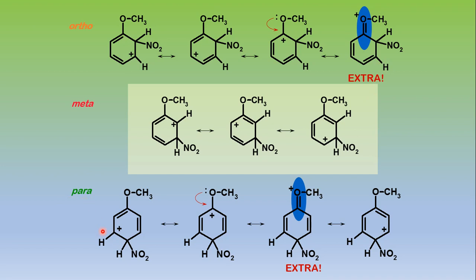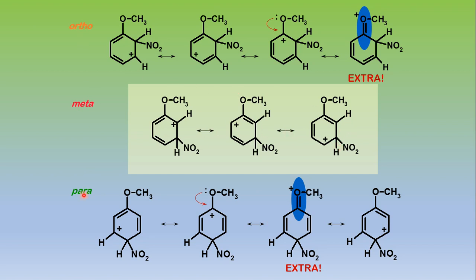And for para, we get 2 resonating structures where the positive charge goes to meta and 1 at the ipso, where this type of resonance is also present and we get an oxonium ion. These two are extra resonance structures which are not present in the case of toluene. So it is clear that in the case of ortho and para we get 4 resonating structures, but in the case of meta we get only 3.